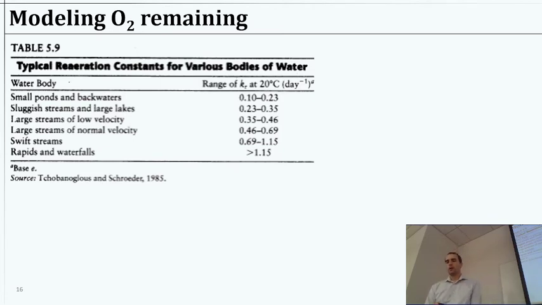So for small ponds and backwaters, it's 0.1 to 0.23 per day is the value, and that's at 20 degrees Celsius. And you can compare that to, let's say, a swift stream being about 0.7 to 1.2, 1.1, somewhere around there. And then rapids and waterfalls just somewhere above that. Okay, so just as a quick example of those empirical values.